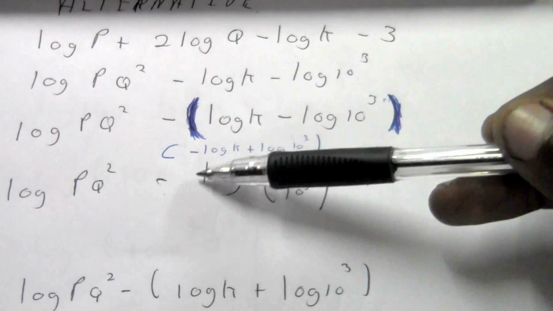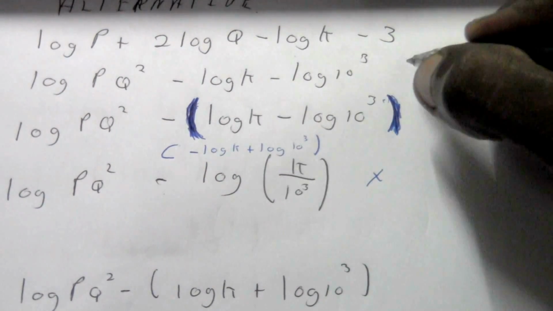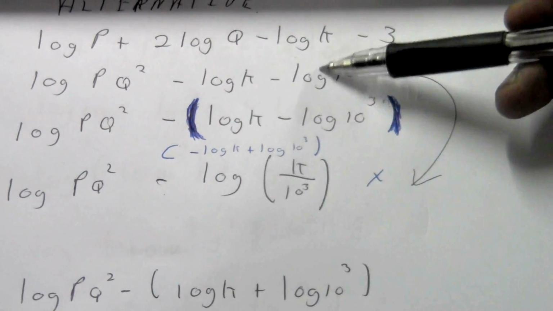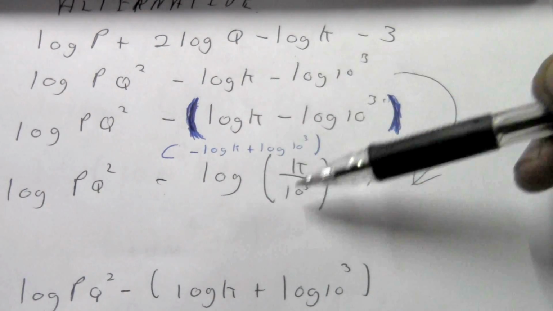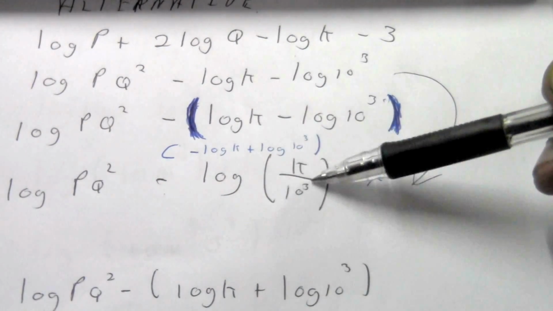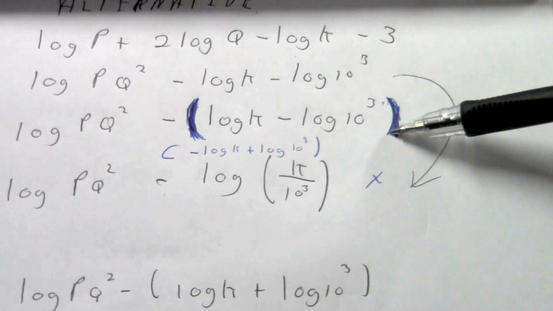we go from here and maintain the minus, well, look from here to here, right? We go from here, we maintain the subtraction sign, and we say k divided by log 10 to the third power. We're basically saying that this is the same as this.